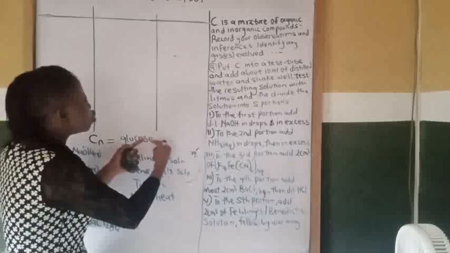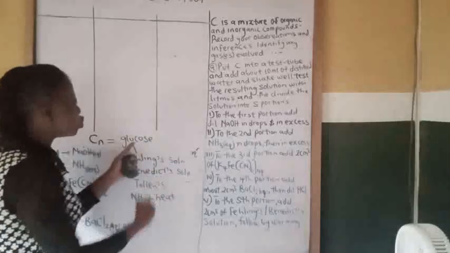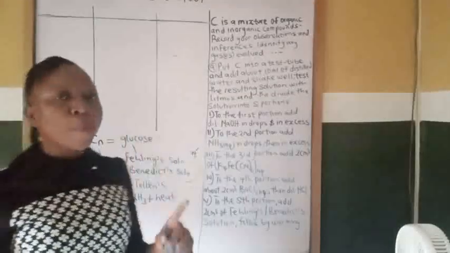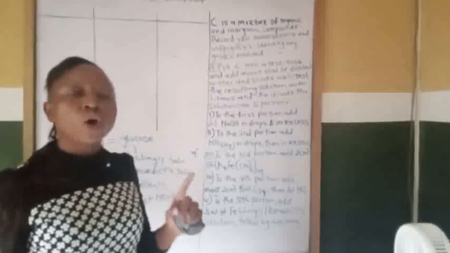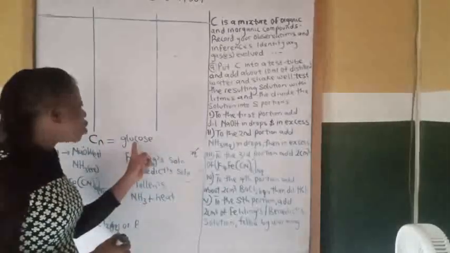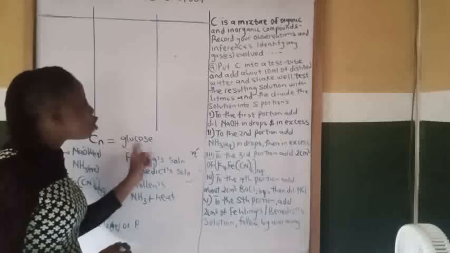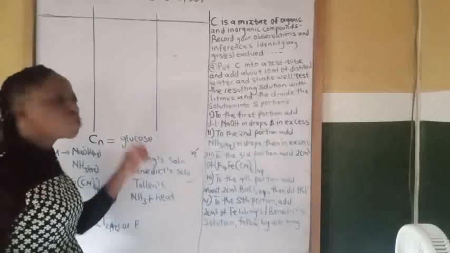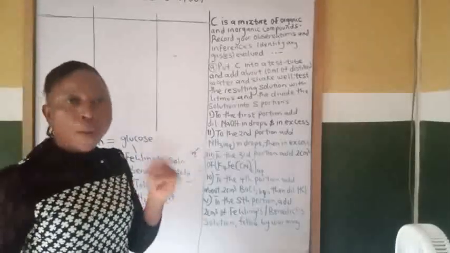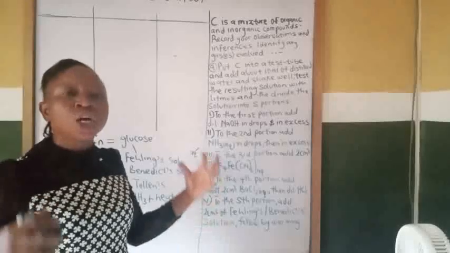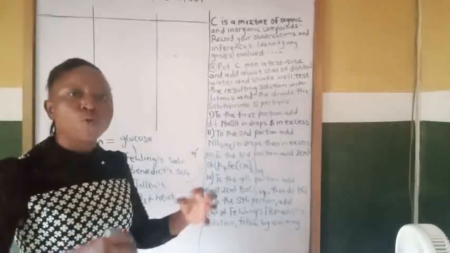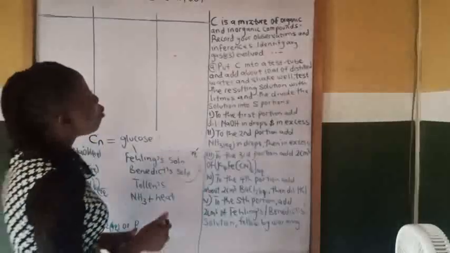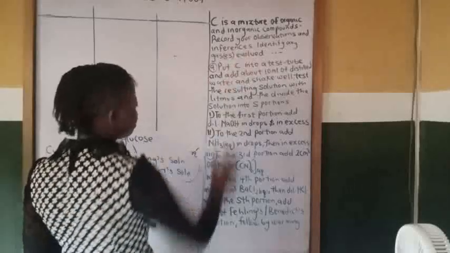When we mix the two together, the colorless glucose will not alter the color of copper sulfate. So the addition of glucose and copper sulfate in water will still give a light blue solution.